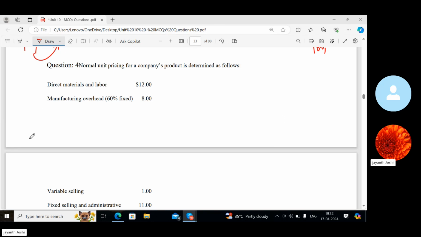Okay. So normal unit pricing for a company's product is determined as follows. Direct material and labor, manufacturing overhead, 60% of which is fixed. So 40% amounts to how much? 3.2. 60% is 4.8. It is fixed.